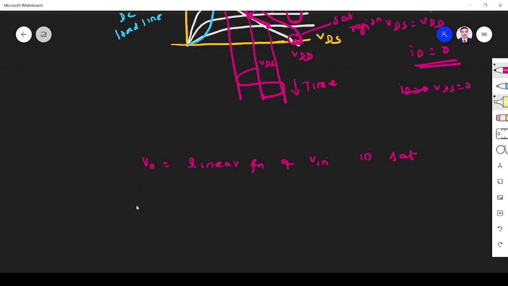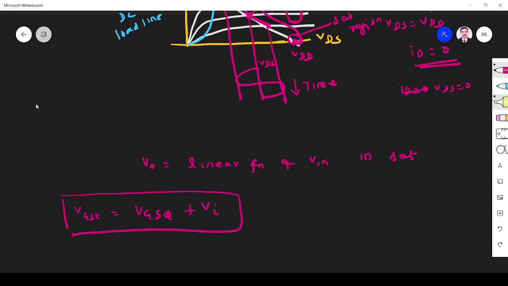Another thing we have to know from the circuit diagram is that the total gate to source voltage, VGST, is equal to VGSQ DC plus VI, AC. So the total gate to source voltage is the sum of these two.